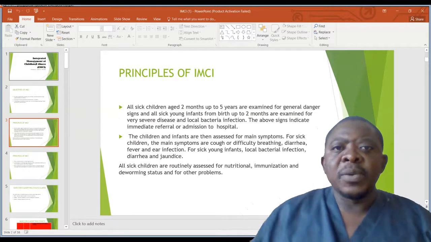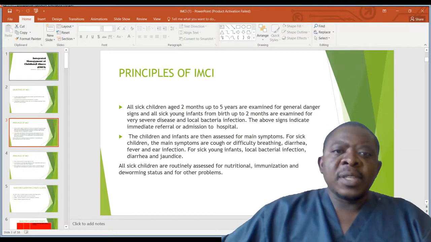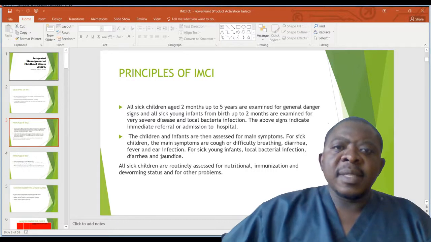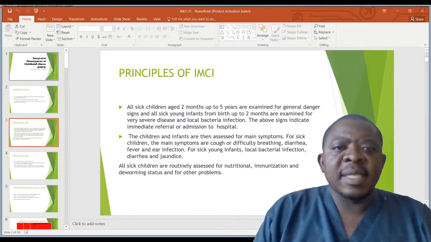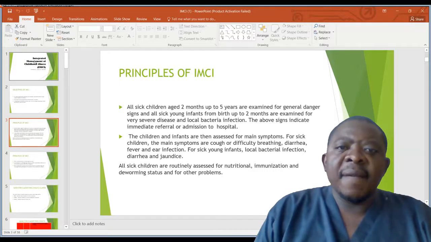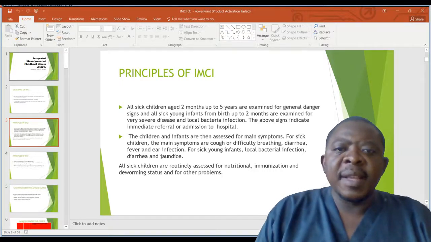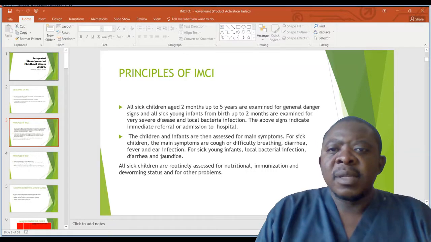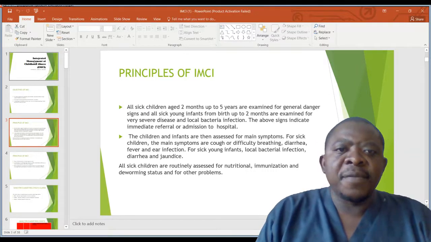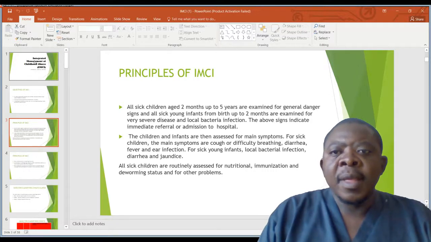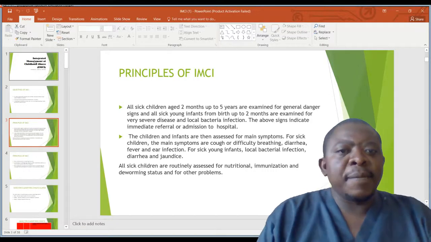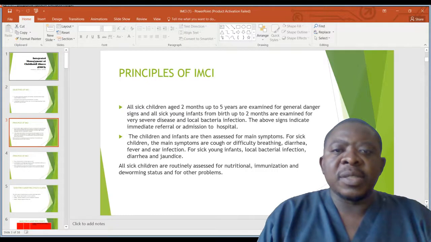Principles of IMCI. All sick children aged 2 months up to 5 years are examined for general danger signs, and all sick young infants from birth up to 2 months are examined for very severe disease and local bacterial infection. These signs indicate immediate referral or admission to hospital.